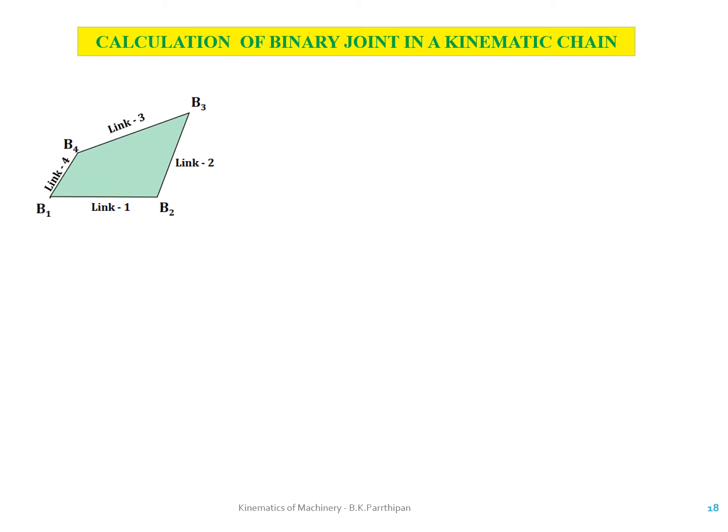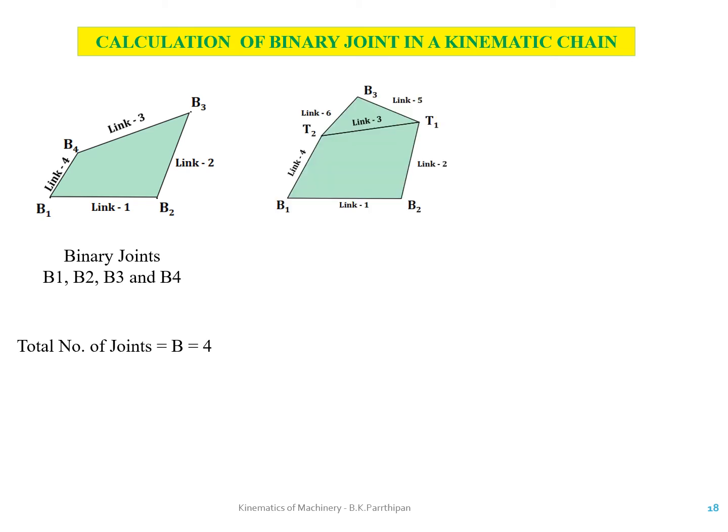Link 1 and link 2 are connected at a point, so this is binary joint 2. Similarly, link 2 and 3 are connected at binary joint 3, and link 3 and link 4 are connected at binary joint 4. So here all the joints are binary joints, B1, B2, B3, B4. The number of joints is equal to 4 in this case.